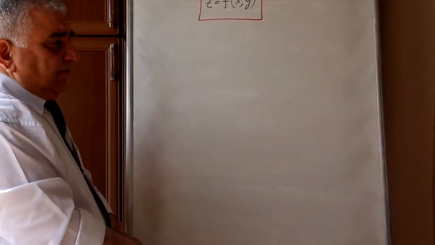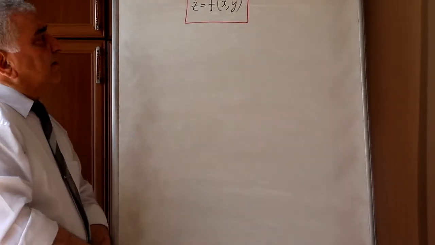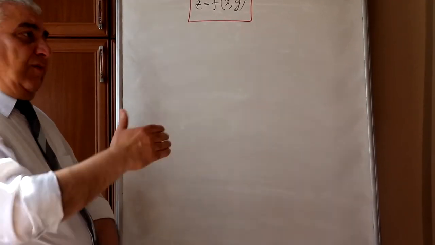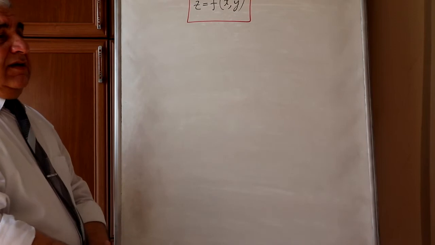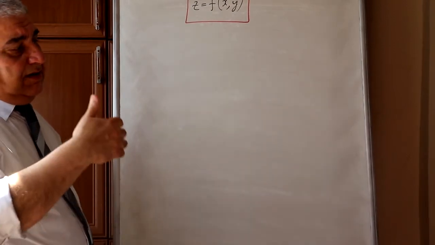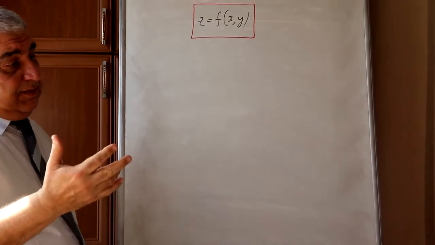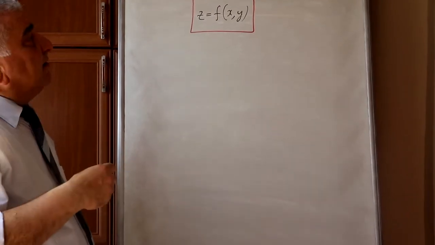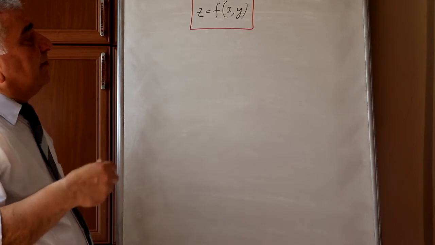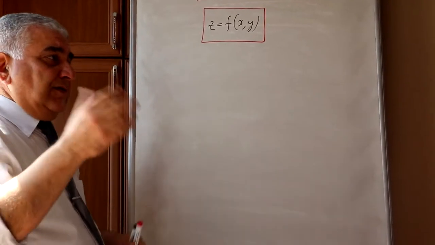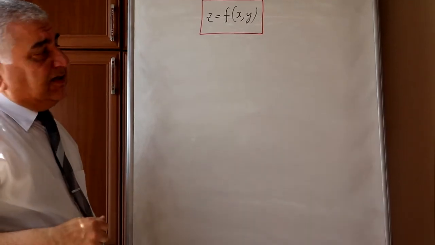While the graph of a one variable function y equals f of x is some curved line in the plane, the graph of a two variable function is some surface in the coordinate space.